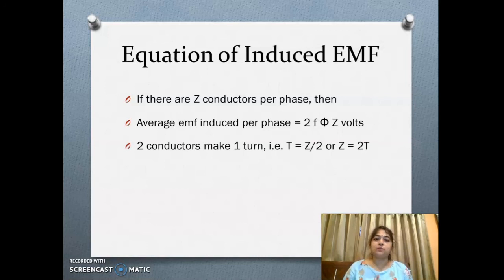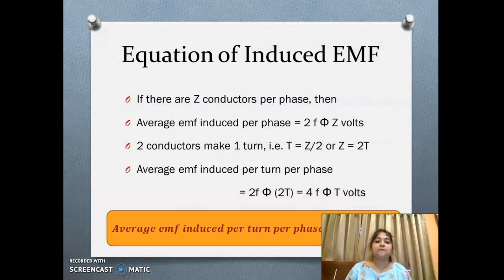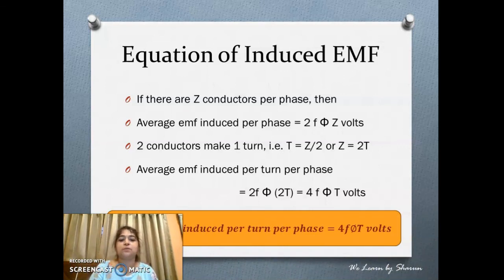So when two conductors make one turn, 10 conductors make 5 turns, 20 conductors make 10 turns. It's a simple relation: turns T equals Z by 2, or Z equals twice T. So I'll replace Z in the above equation with twice T, and I get the average EMF induced per phase as twice F phi into 2T, that is 4F phi T. 4F phi T is the average EMF induced per phase.